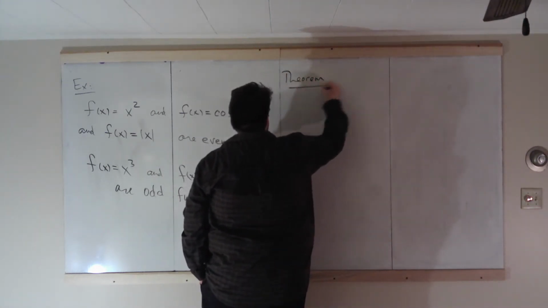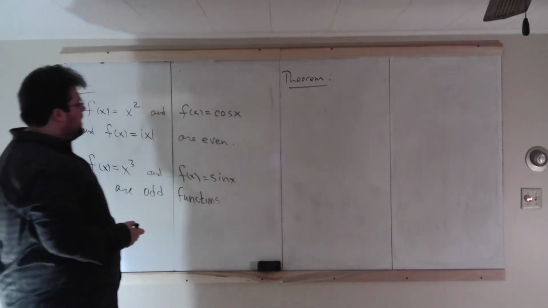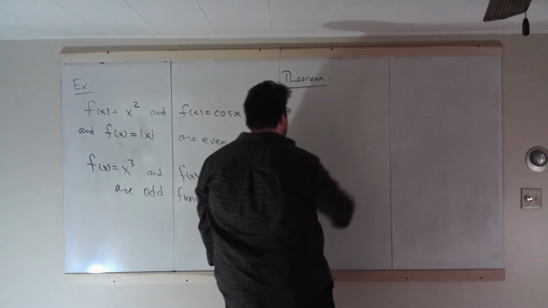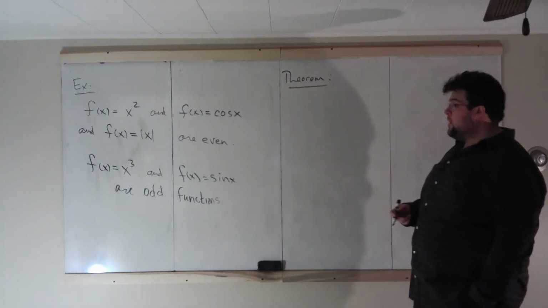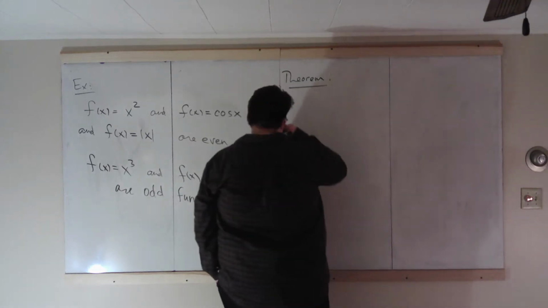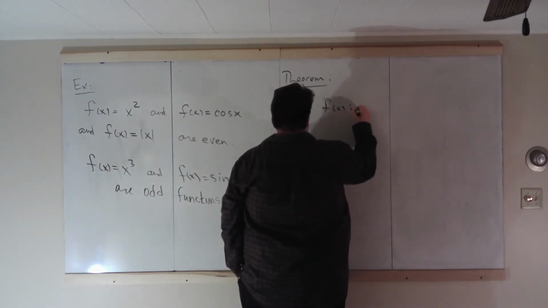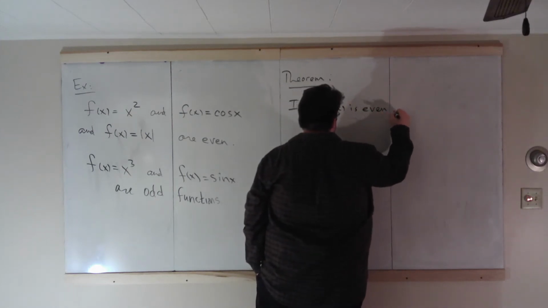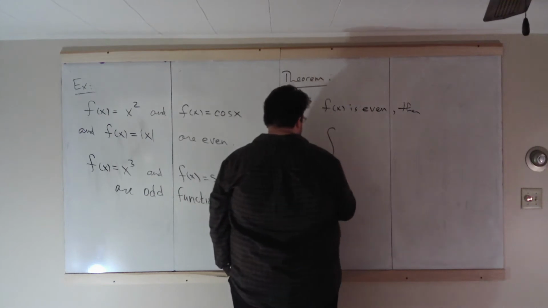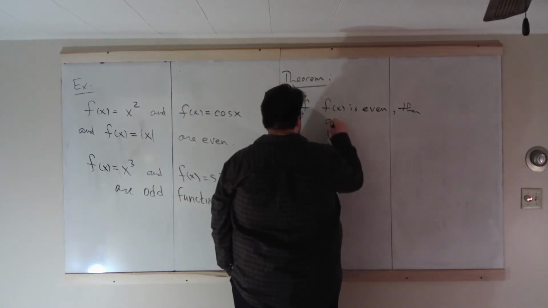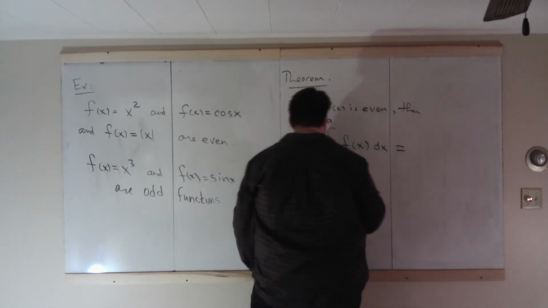But why am I introducing even and odd functions right now, at the end of the fundamental theorem of calculus? Well, we have two nice theorems for even and odd functions based on those symmetry remarks. If f is even, then the integral from negative a to a of f of x equals something.